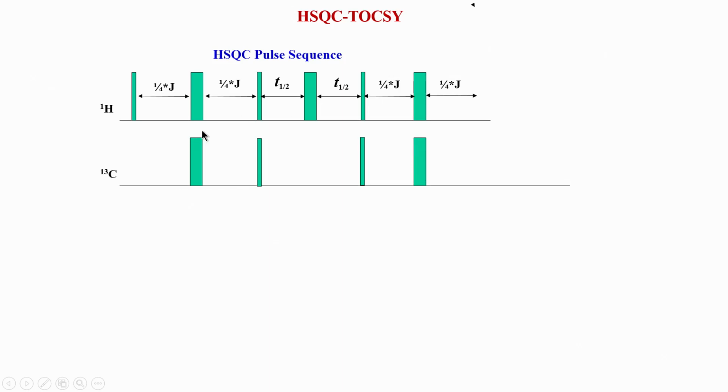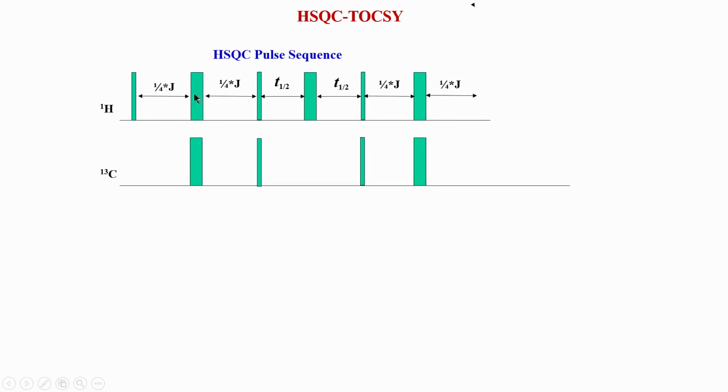So, let us start again from the basics, a recap of the HSQC pulse sequence. This is what we saw in the HSQC part. You start from a proton excitation, you excite with the proton pulse, then there is what is called the INEPT module. In the INEPT module you transfer the magnetization from proton to carbon, or proton to nitrogen in the case of nitrogen HSQC.